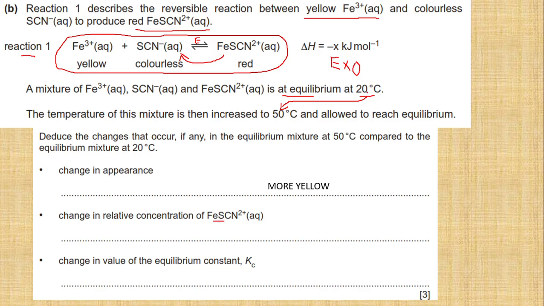If we are increasing from 20 to 50 and we know that the equilibrium is shifting towards left, it means the concentration of FeSCN 2+ must decrease. So I have written decrease, because we know the equilibrium is shifting towards left side, so obviously the concentration of the product will be decreased.